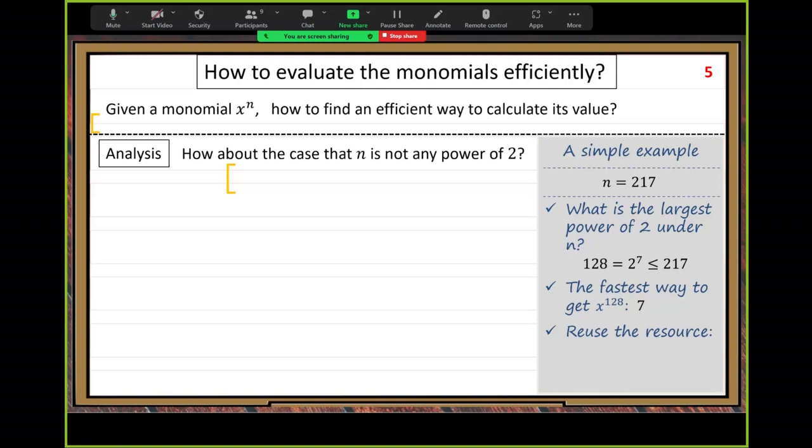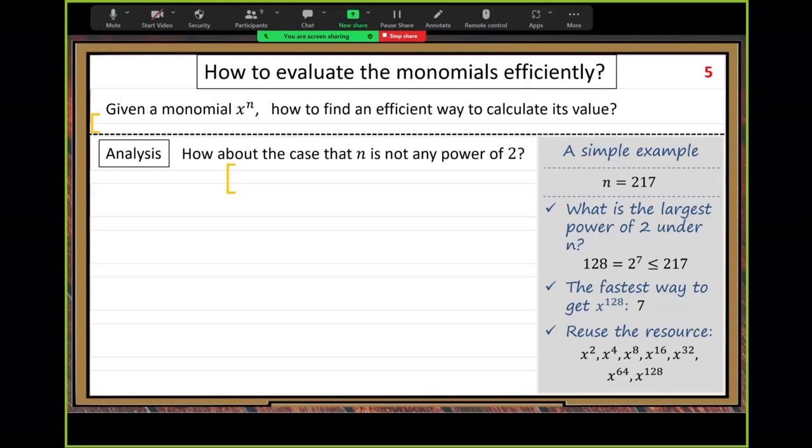After we spend 7 multiplications, we want to see what intermediate results we already have. First multiplication, second, third, fourth, fifth, sixth, seventh.